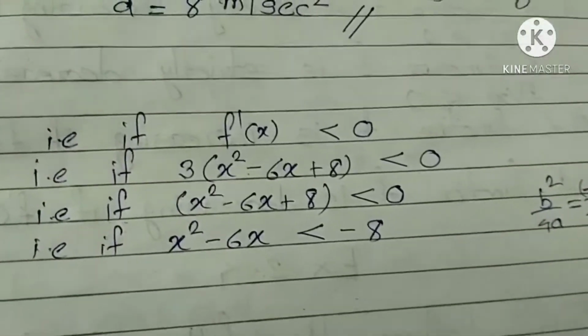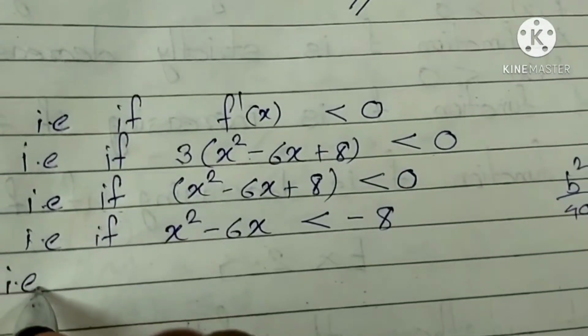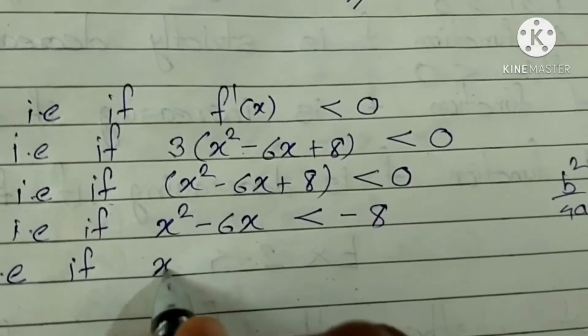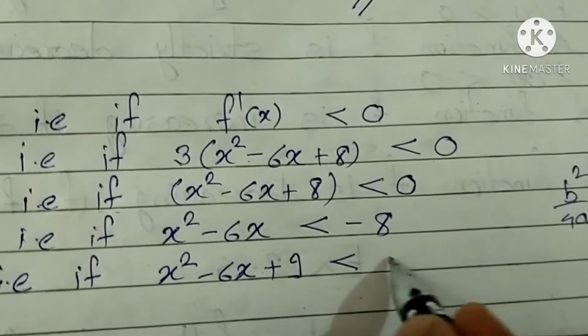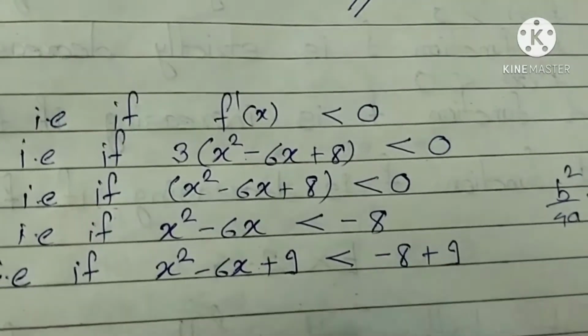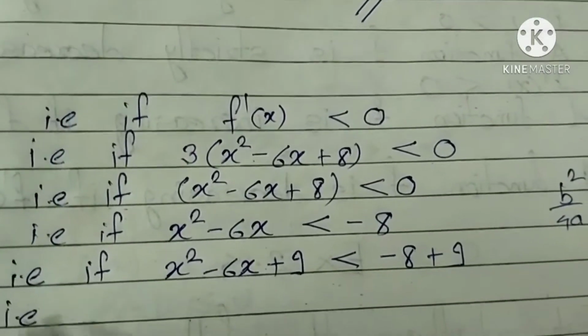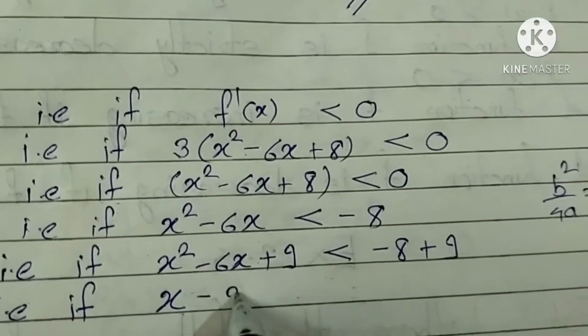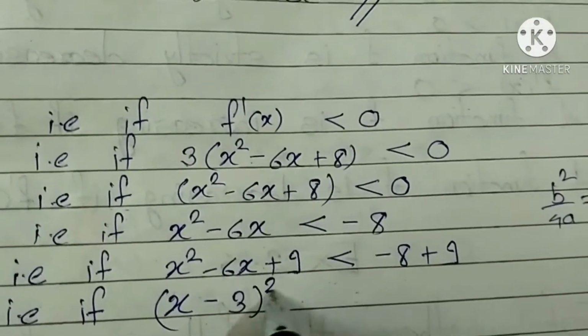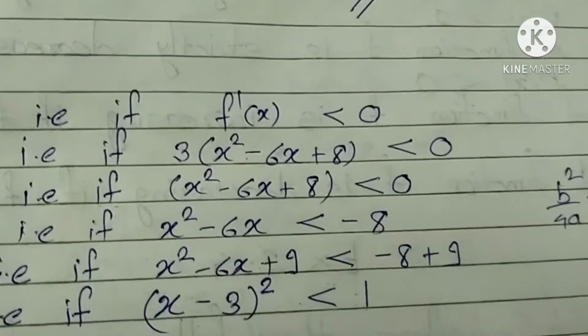Now add 9 on both sides. So if x square minus 6x plus 9 is strictly less than minus 8 plus 9, that is, this is the square of x minus 3, strictly less than 1.